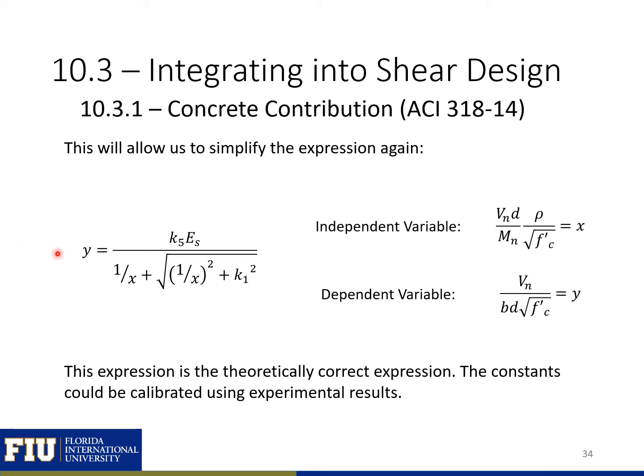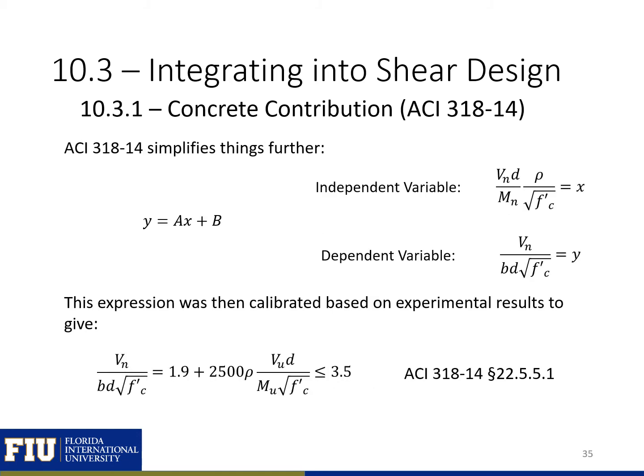So this expression is the theoretically correct expression for this derivation based on our starting stresses that we're looking at. And we can calibrate our different K constants using experimental results.